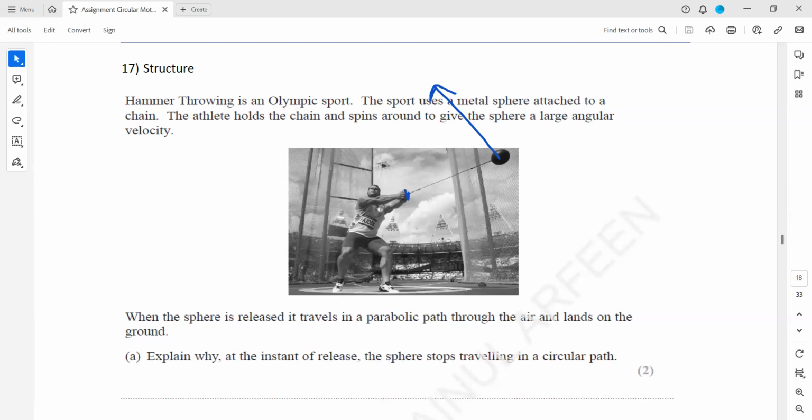So at the instant of release, the sphere stops traveling in a circular path because there is no force to change direction.